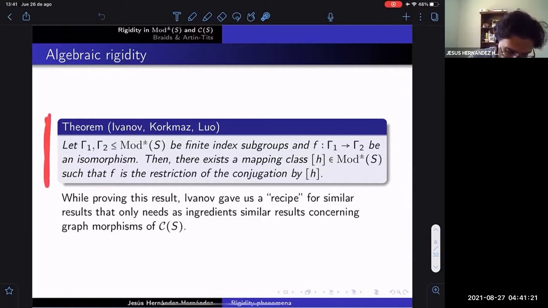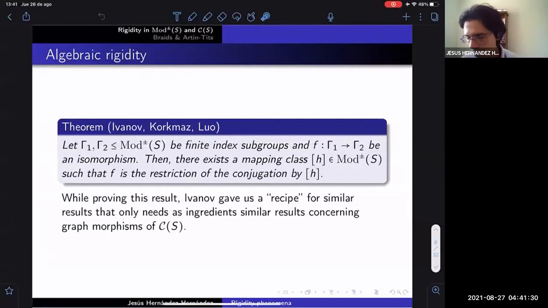Now, that's actually how he proved this. He wanted to prove this result. He found the recipe, and so he said, okay, so I actually need to prove that any automorphism of the curve graph comes from a homeomorphism. He proved that. Now, like I said, since this gives us a recipe, a lot of results from that point onwards have been done trying to prove generalizations of the algebraic rigidity and thus obtaining combinatorial results.